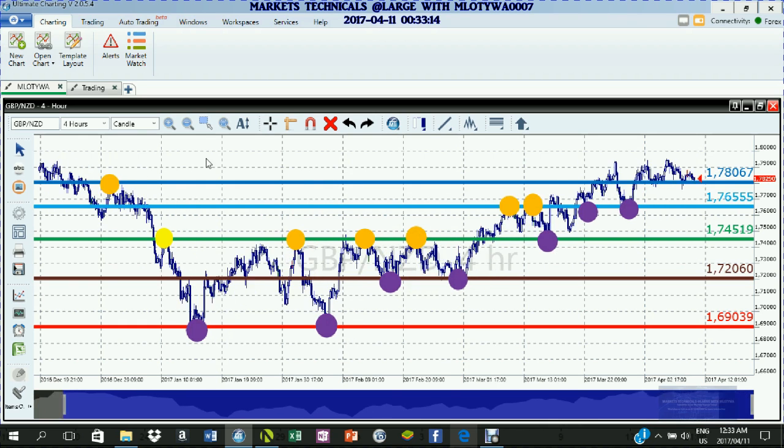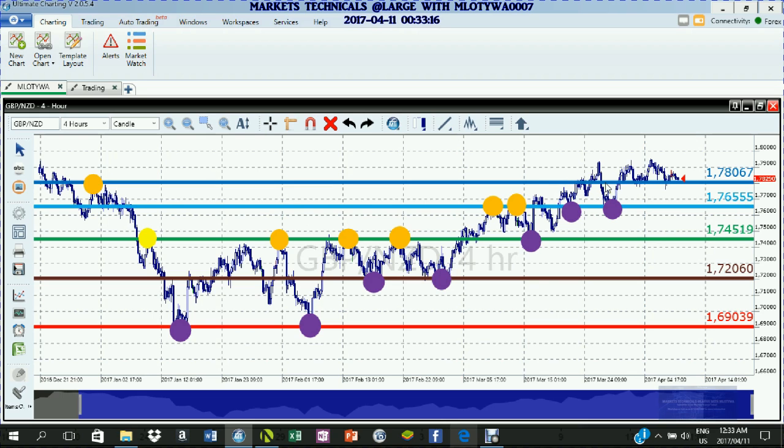Eventually the market broke through the support line and came back to this point. Okay, it broke and came here to be supported, and then after that it broke the resistance line and came here to be supported.